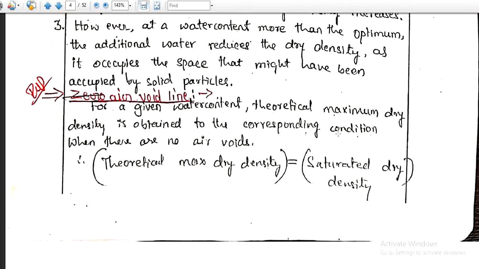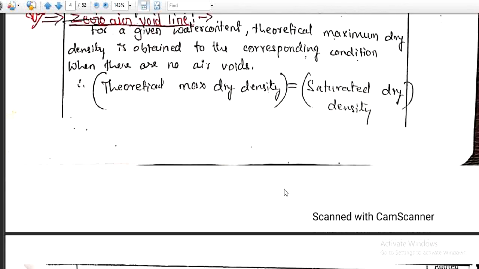It can be obtained when the theoretical maximum dry density is equal to the saturated dry density. Whenever we add water, only then can we achieve that condition in practice. That is why the theoretical maximum dry density is equal to the saturated dry density.